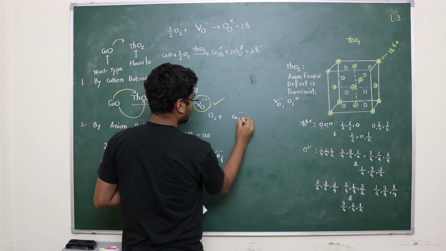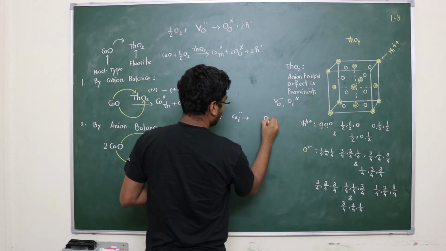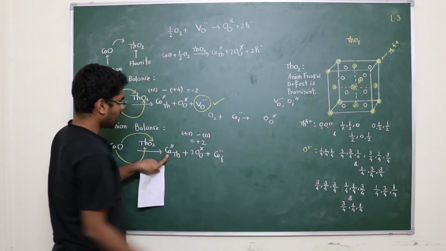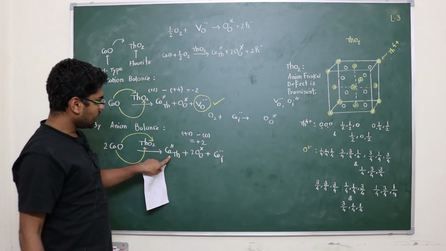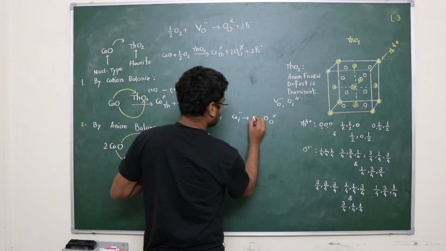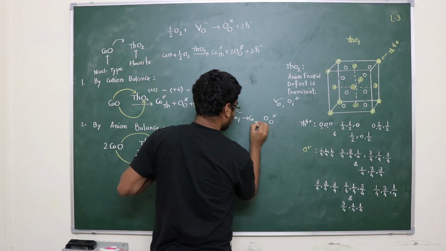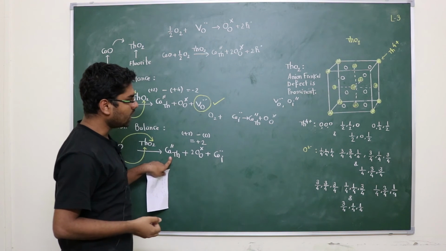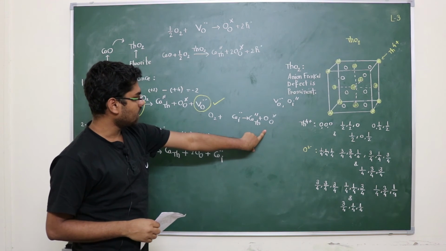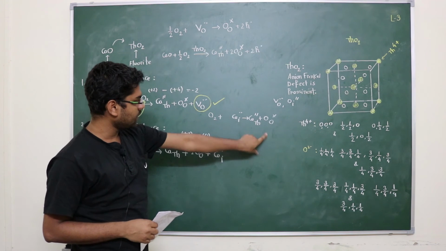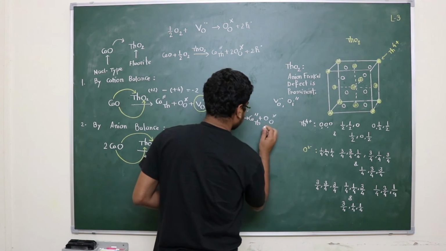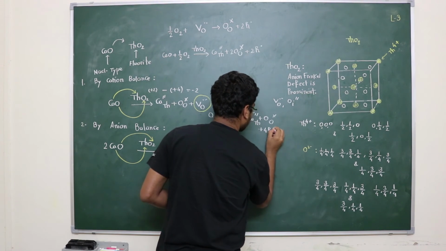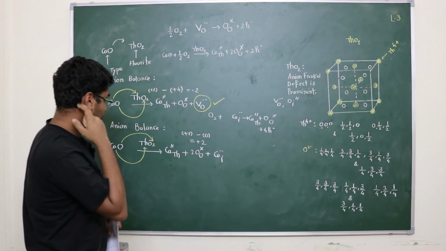So oxygen is going to the oxygen site here, and we balance it in the form of this defect species, calcium interstitial. So if we want to balance this defect reaction from the charge neutrality point of view, we have to put 4 holes here. So the equation is balanced.